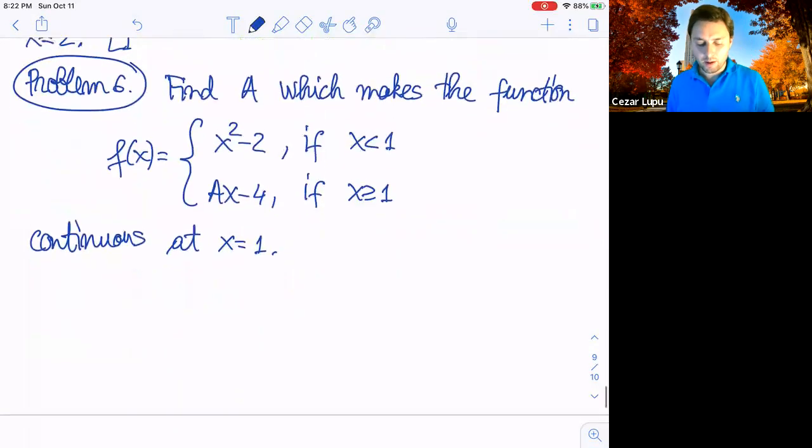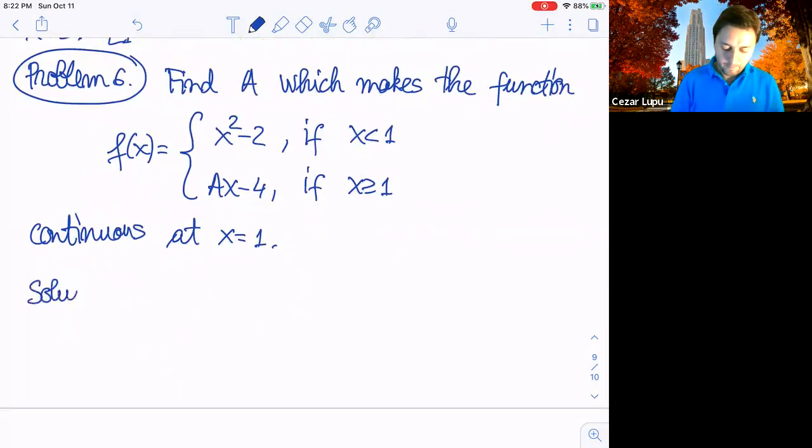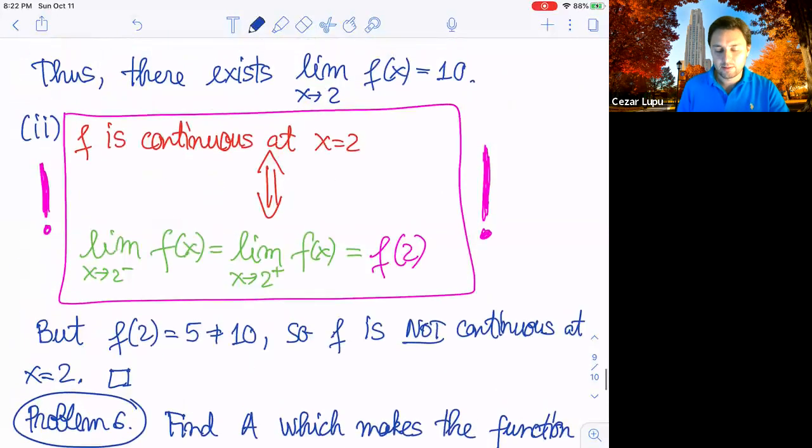All right, so let's look at it. Keep in mind, by the previous considerations, a function is continuous at a certain point if the left-hand limit at that point agrees with the right-hand limit at that point, and moreover, it agrees with the value of the function at that particular point.